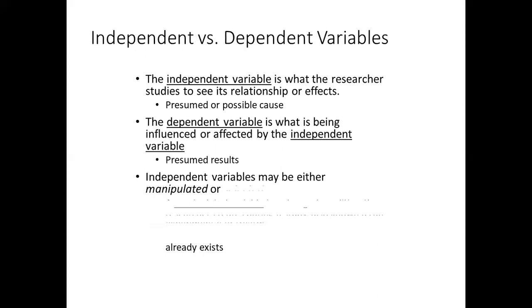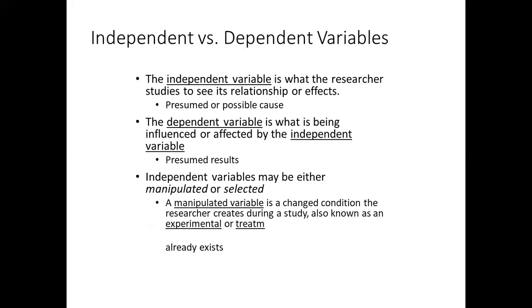If you need to run your regression, your binary regression, your logistic regression, your MANOVA, your ANOVA, and what have you, you need to understand which of your data are independent or dependent variables. So an independent variable, as a way of definition, is what the researcher studies to see its effects or relationship, all right? It is also what we call the presumed or the possible cause. Whereas a dependent variable is what is being influenced or affected by the independent variable, all right?